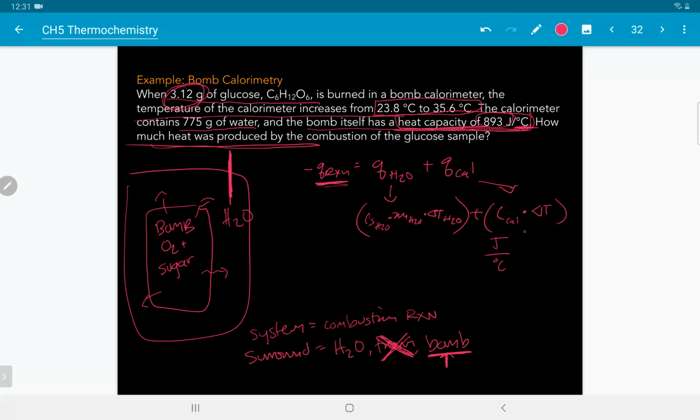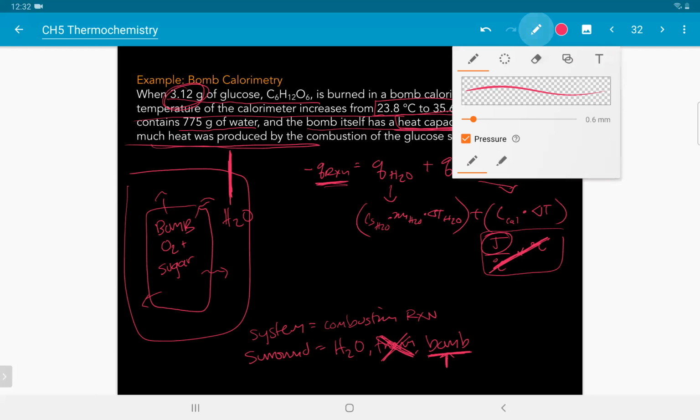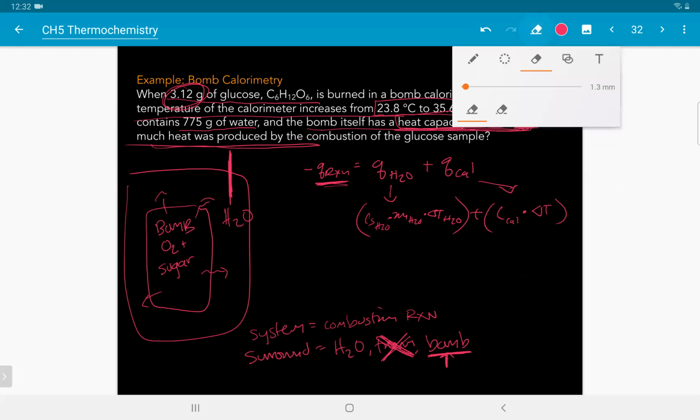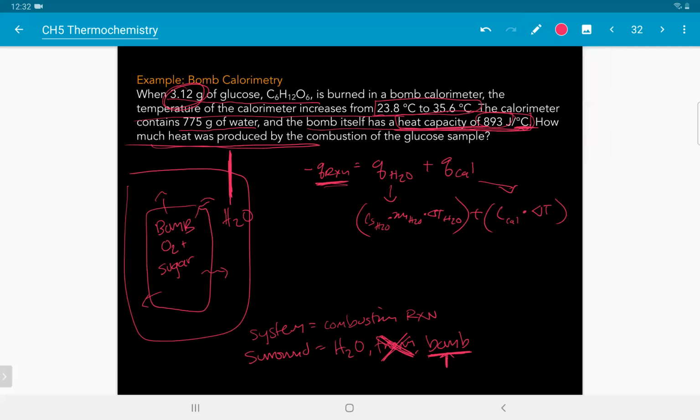If you watch our units, joules over degrees Celsius times degrees Celsius, that all cancels and you're left with joules. And energy, heat, is in units of joules. So it's a little more complex than what we've been looking at, but totally manageable. Let's plug and chunk some numbers.